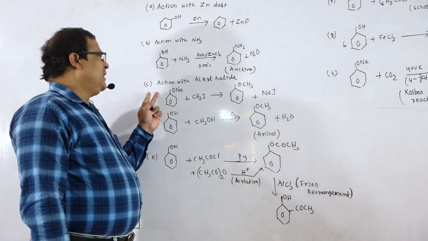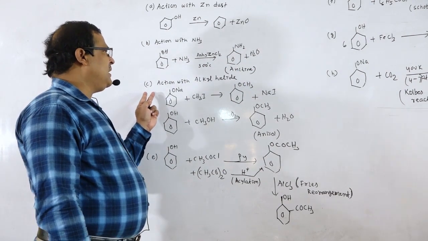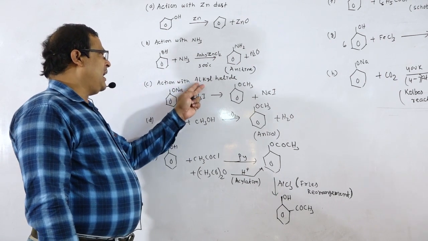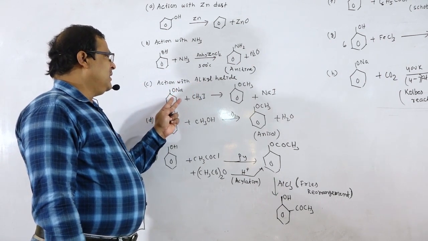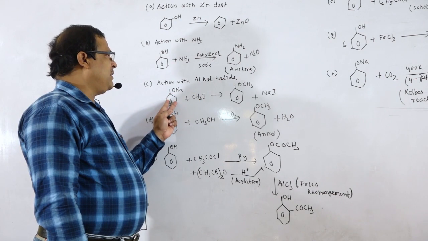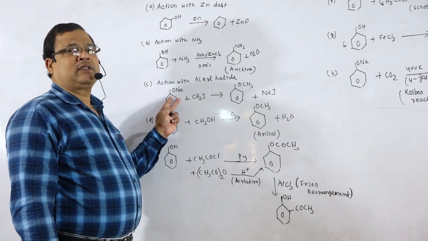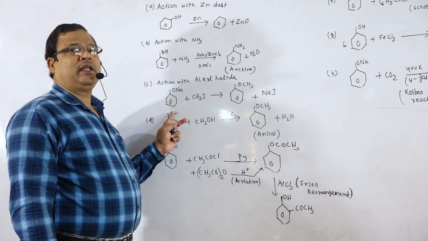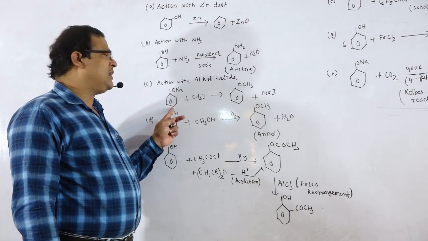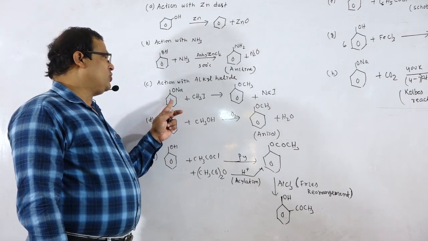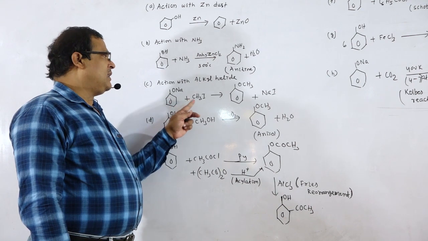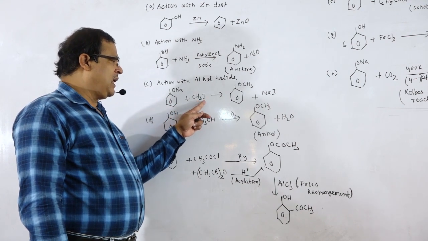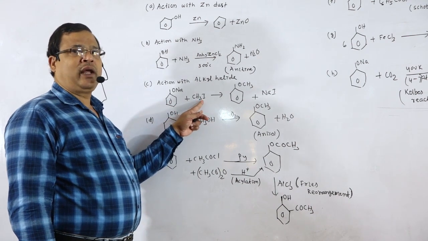Next we will see the reaction of alkyl halides. Alkyl halides with the sodium salt of phenol, that is sodium phenoxide, also known as sodium phenate. Sodium phenate reacts with an alkyl halide, that is methyl iodide.